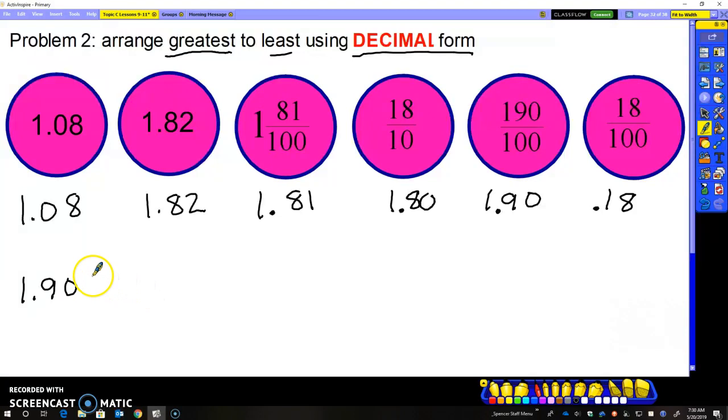And I'm going to connect these by greater than signs. So 1.9 is greater than all these. This looks like the greatest one.